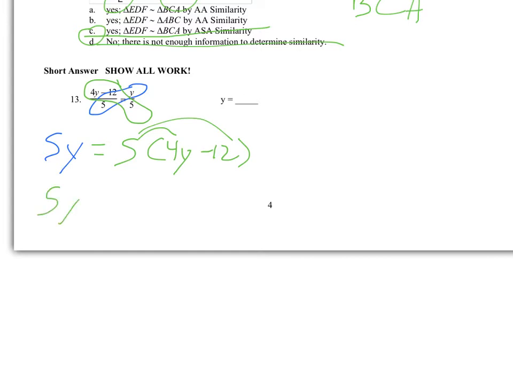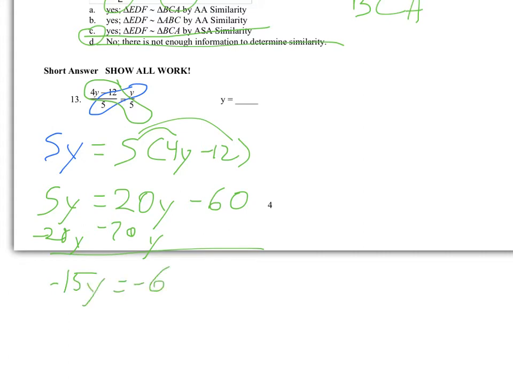So we've got 5y equals 20y minus 60. So we'll subtract 20y and get our y's on one side. We end up with negative 15y equals negative 60. So we'll divide by negative 15. Sorry, I'm all over the place. And y equals 4.